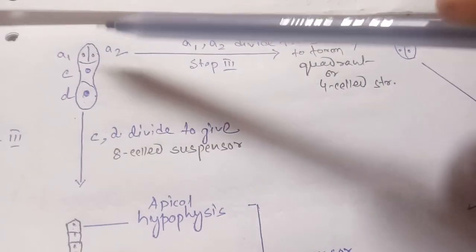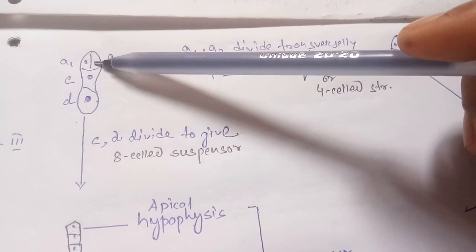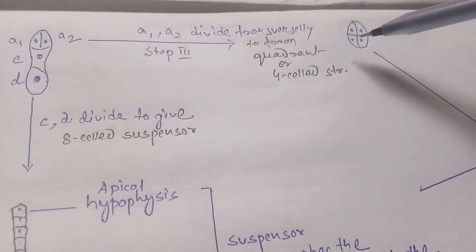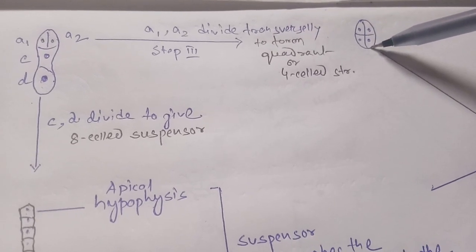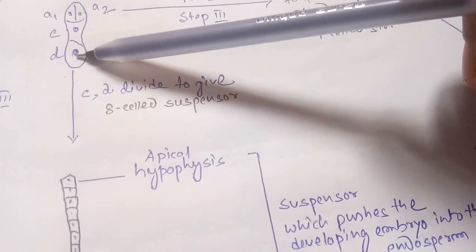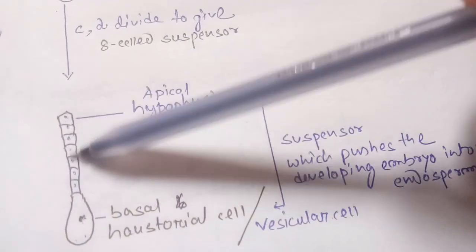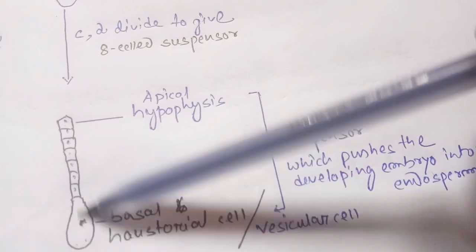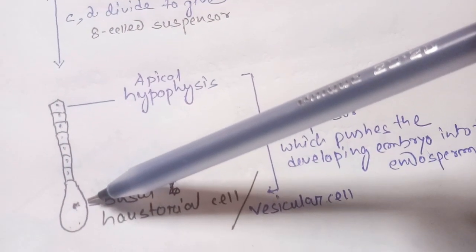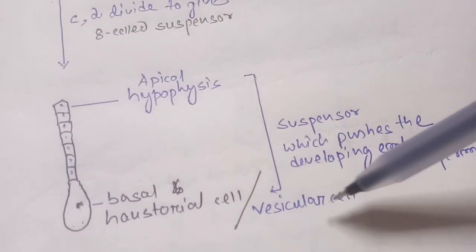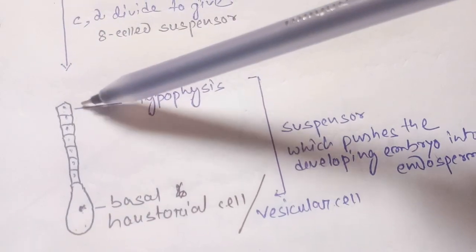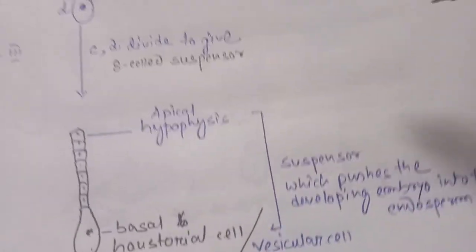In the course of further development, A1 and A2 will divide transversely to give rise to this 4-celled or quadrant structure, and C and D will divide and redivide to give rise to this 8-celled suspensor. The basal cell has been converted into the vesicular cell and will grow further, and the apical cell is termed the hypophysis.